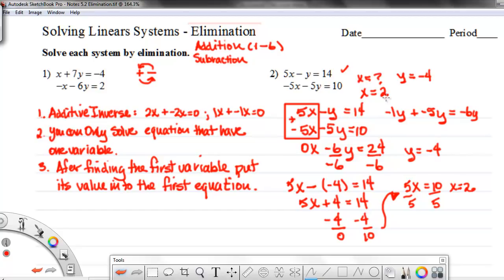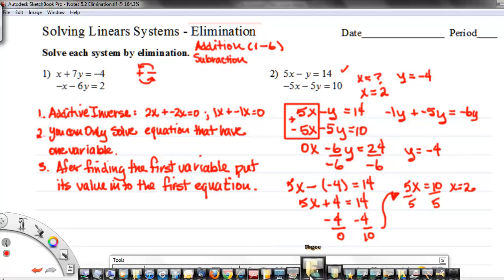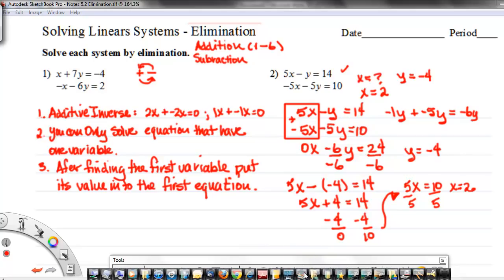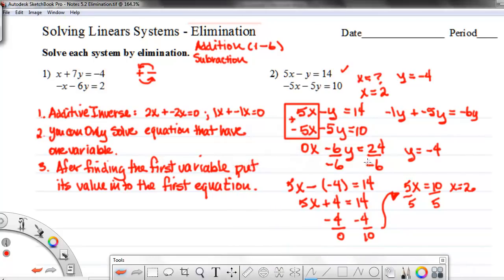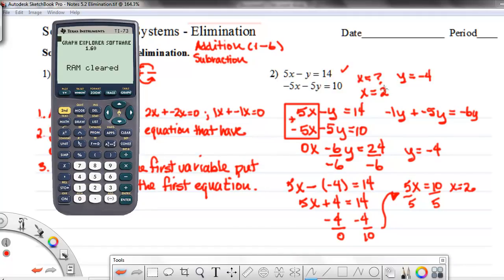So this means when these two equations, if I were to graph them, they would cross at the point 2, negative 4. Now let's review how we check this. Let me pull up a calculator. Now remember, I put 2 in for x, a negative 4 in for y, and that should give me 14.